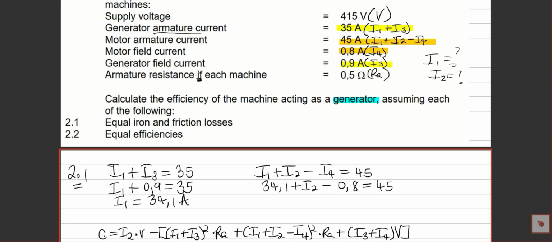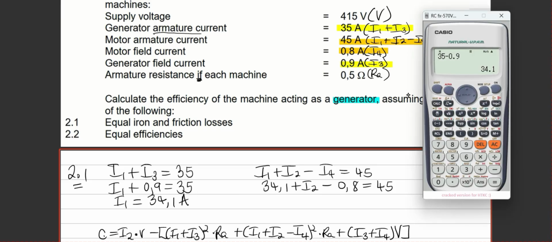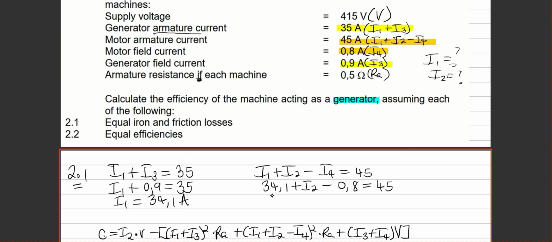So from here, I'm just going to be transposing. So we're going to have 45 minus 34,1. If I transpose this 0,8 to the other side, it's going to add. So it's going to be plus 0,8. And we are getting how much? 11,7. So for our I2, we're getting 11,7 amps. There.